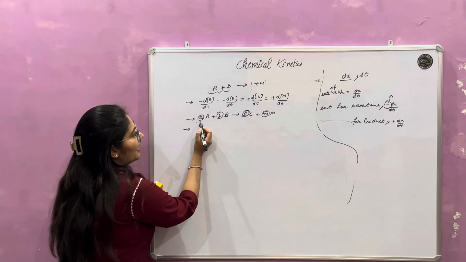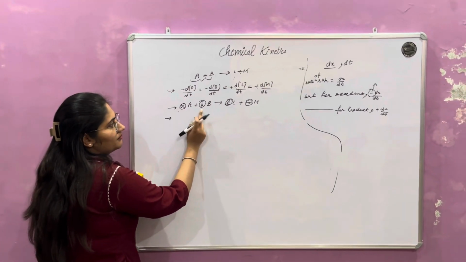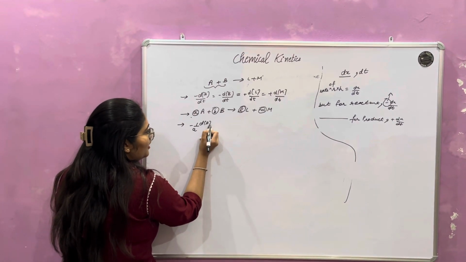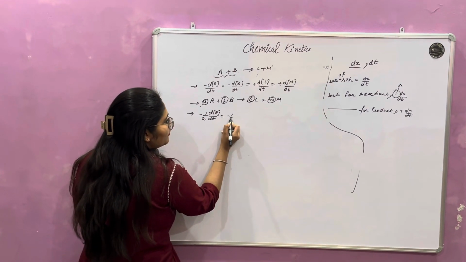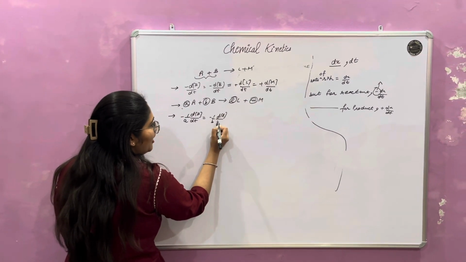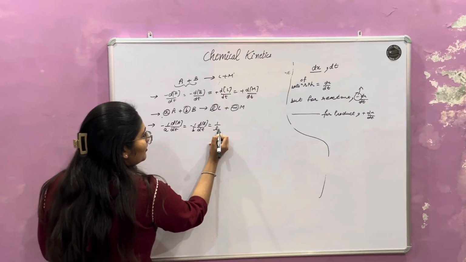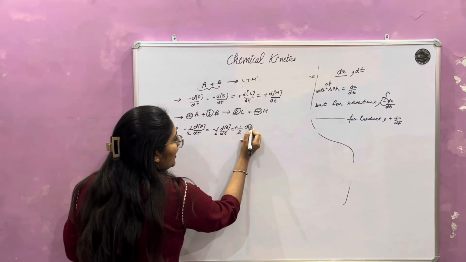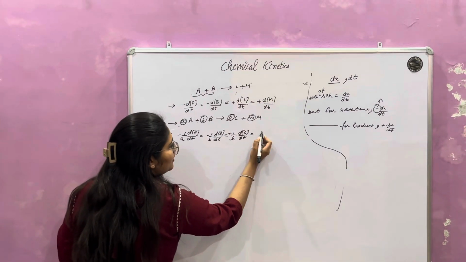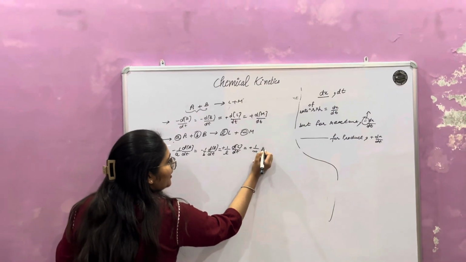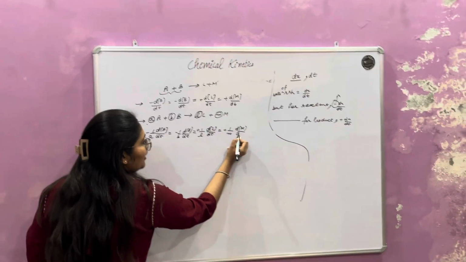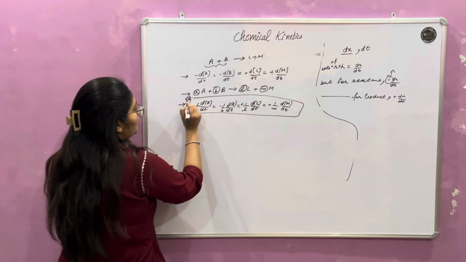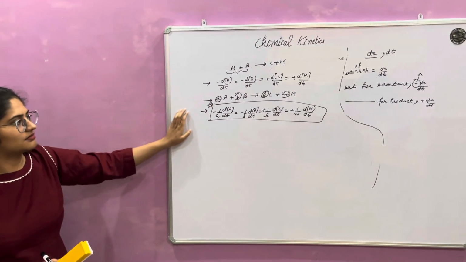Then we will write the reciprocal of the stoichiometric coefficient: minus 1 by a dA by dt, minus 1 by b dB by dt, is equal to plus 1 by l dL by dt, positive because it is a product, is equal to plus 1 by m dM by dt. Hope you have understood this much.